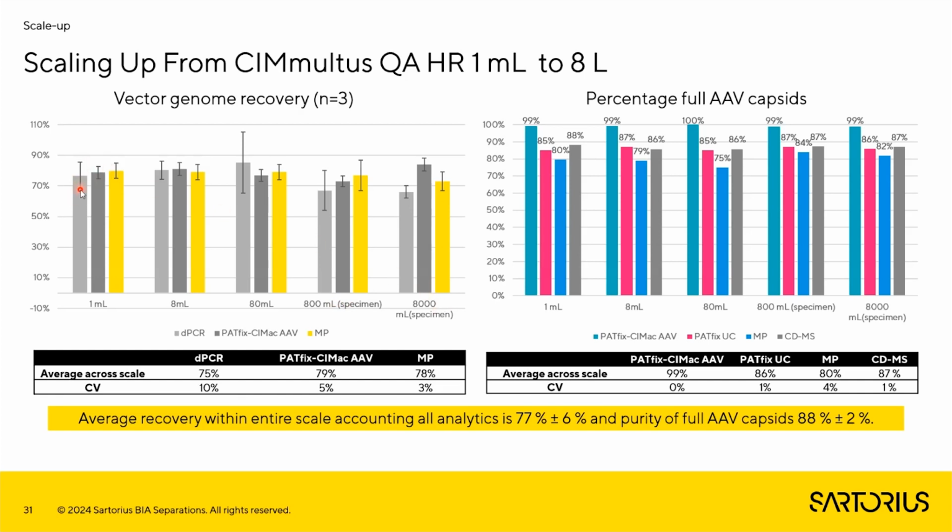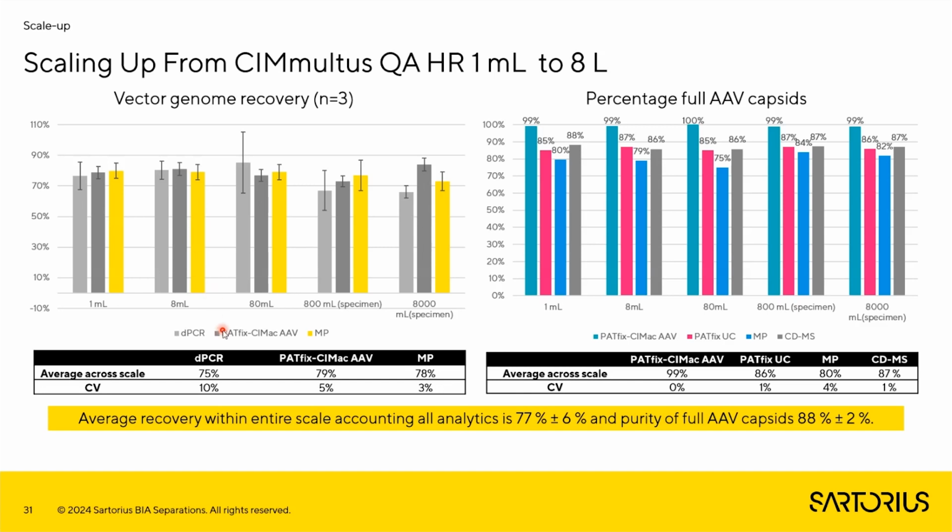The error bars show the deviation in the replicates, and the light gray color is PCR. The middle one is the PETFIX, and you can also estimate the titer from the mass photometry.